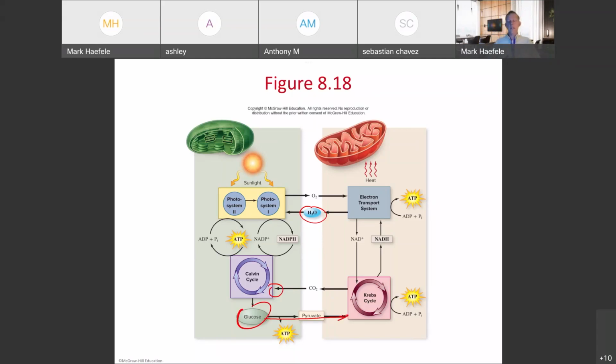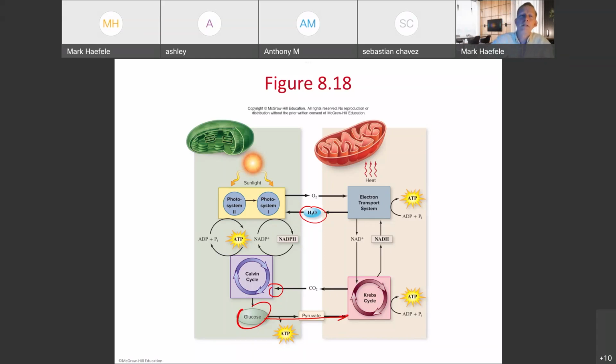So you can see how photosynthesis and cellular respiration, the activities of the chloroplast and the activities of the mitochondria, go very much hand in hand, and they complement each other. It's very much like lacing your fingers together, that your two hands, right and left, fit together perfectly. And the same thing is also true with chloroplasts and mitochondria. Now let's talk a little bit about a problem that we have in terms of photosynthesis.